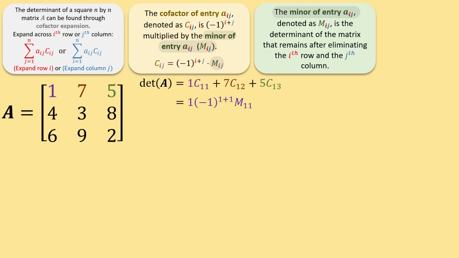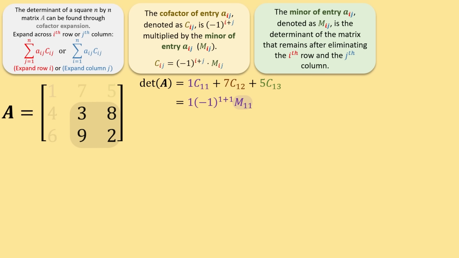Remember, the minor of entry Aij is the determinant of the matrix that remains after eliminating the ith row and jth column. Capital M11 is equal to the determinant of what remains when we drop the first row and the first column. The first index of capital M is our row number that we're dropping, and the second number in our index is the column that we're dropping to find our minor.